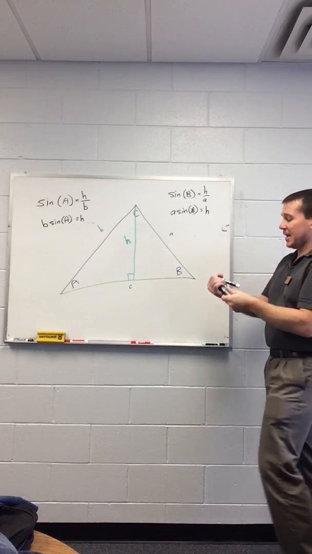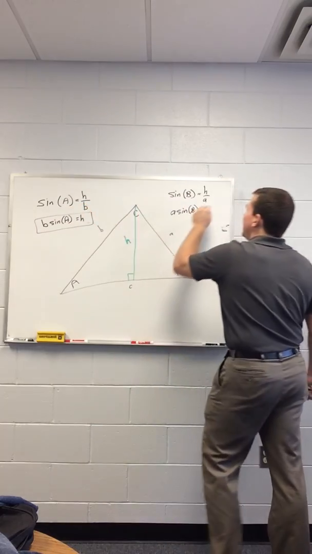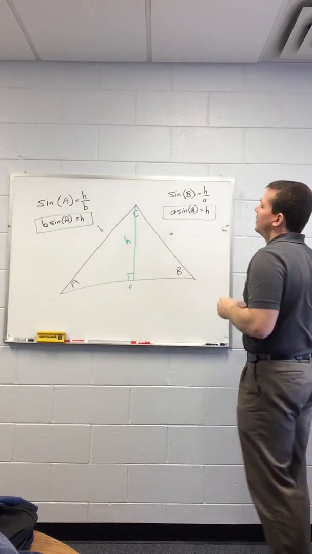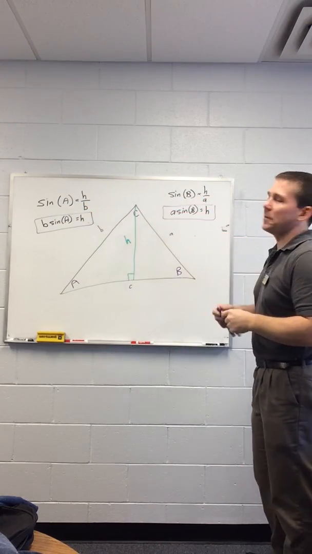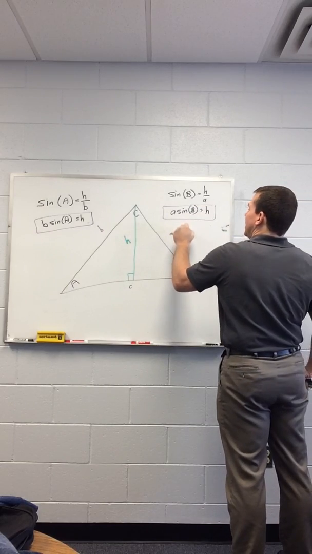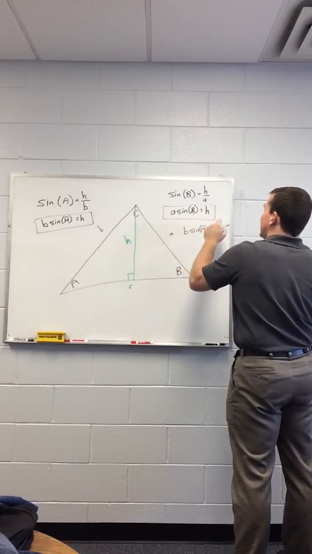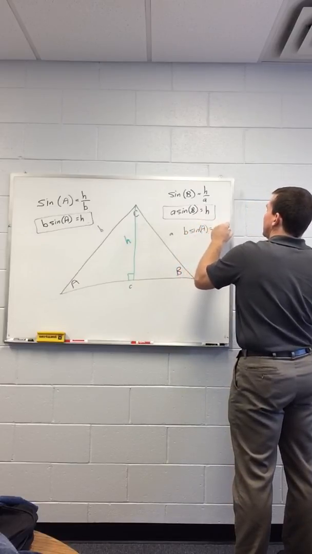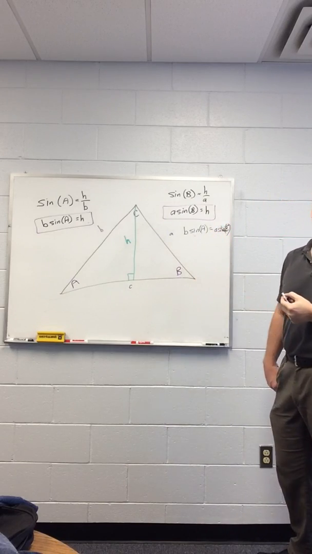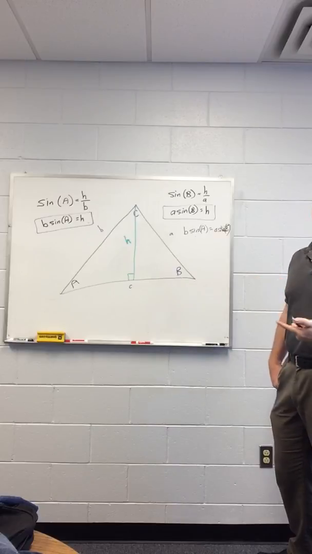But now, algebraically, I have h equals b sine A and h equals a sine B. Since they're both equal to h, they're equal to each other. And then I can write b sine A equals a sine B. And this actually works completely fine.